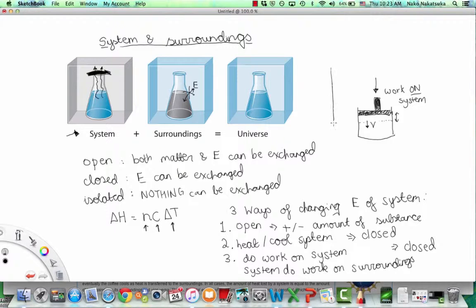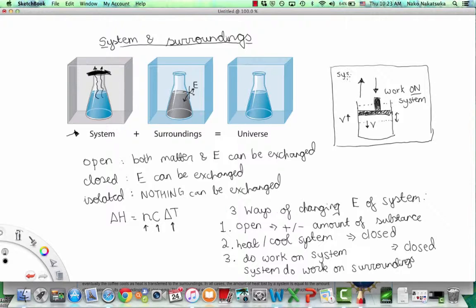And now let's say we put this in a box and call that the surroundings. On the other hand, if we pull out the piston, and let's say that the final level of the piston ends up being this line because you pulled it up, in that case the volume increases and the system is doing work on the surroundings.